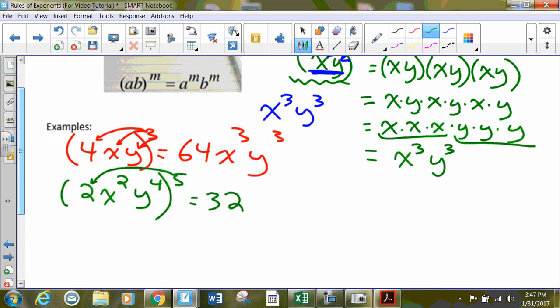And then watch, this goes to this. Okay, so it is a power to a power. So I know that means x to the 2 times 5, so that would be x to the 10. And then finally to this last one, once again, power to a power. So I know it's going to be y to the 4 times 5, which is y to the 20th.